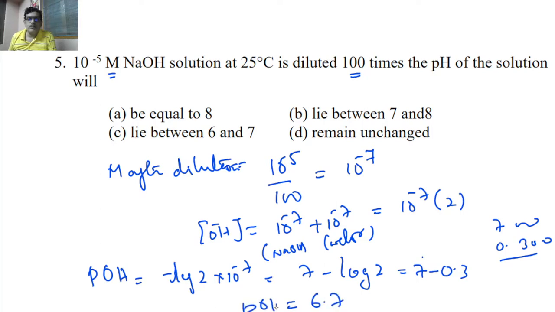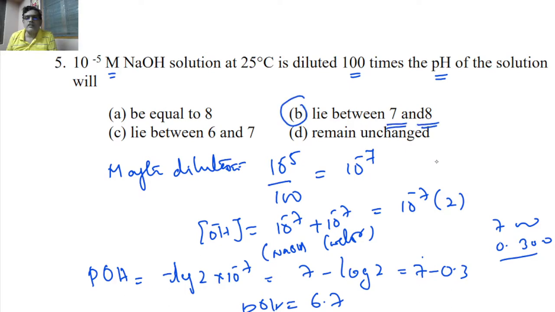See, this is pOH. What we have to calculate is the pH. So pH will be 14.0 minus 6.7. Now that comes to 7.3. So it is just above 7. So it will be lying between 7 and 8.